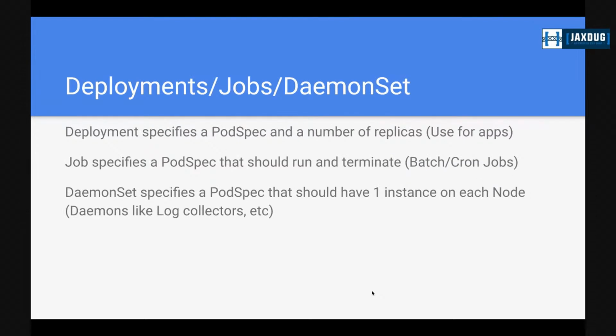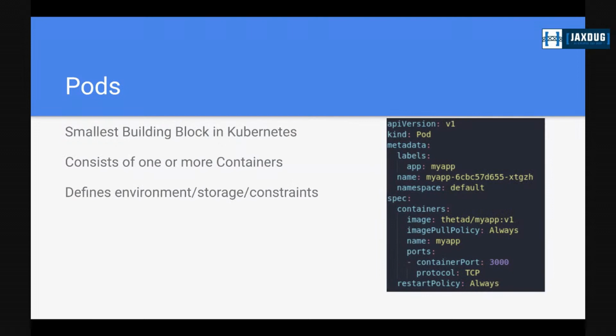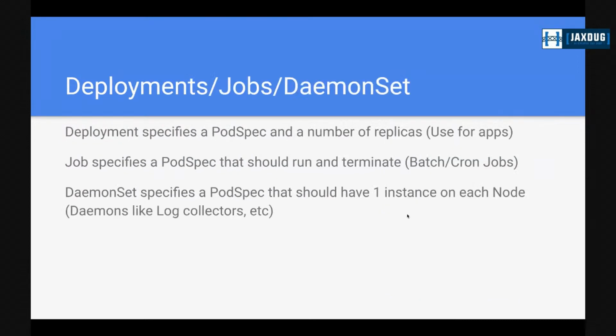Deployments. Everything uses this pod spec that we just saw here. And so a deployment specifies one of those pod specs and a number of replicas. So if you have a web app and you need 5 instances running, you would create a deployment of it and say, run 5 replicas for me.